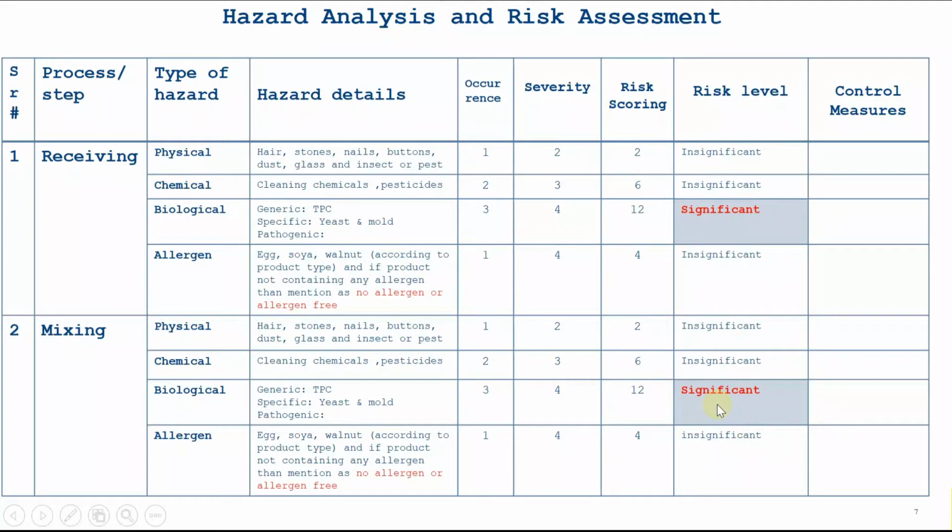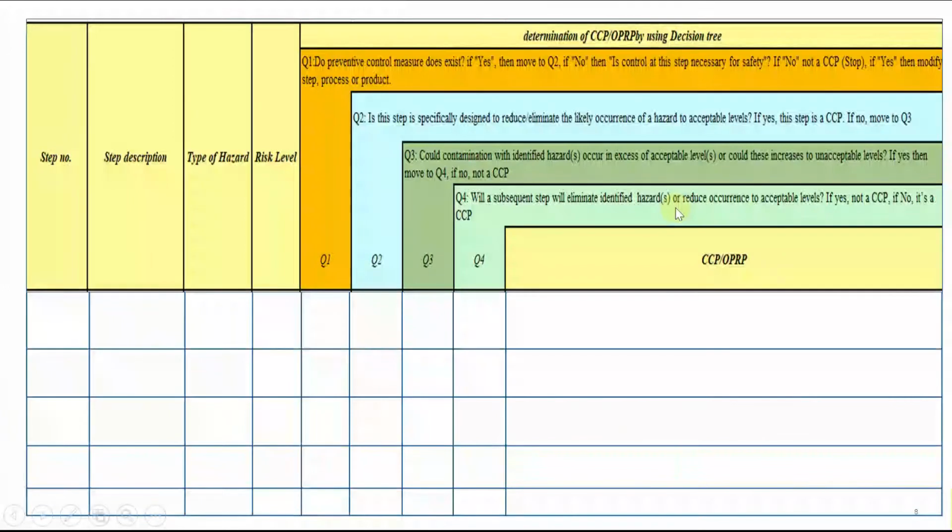So once you have come up with significant hazards, pass them through the decision tree to determine whether the significant hazard is associated with a CCP or OPRP. This is the format, you can copy it exactly. It is based on the Codex Alimentarius principles and also complies with the requirements of all GFSI standards.